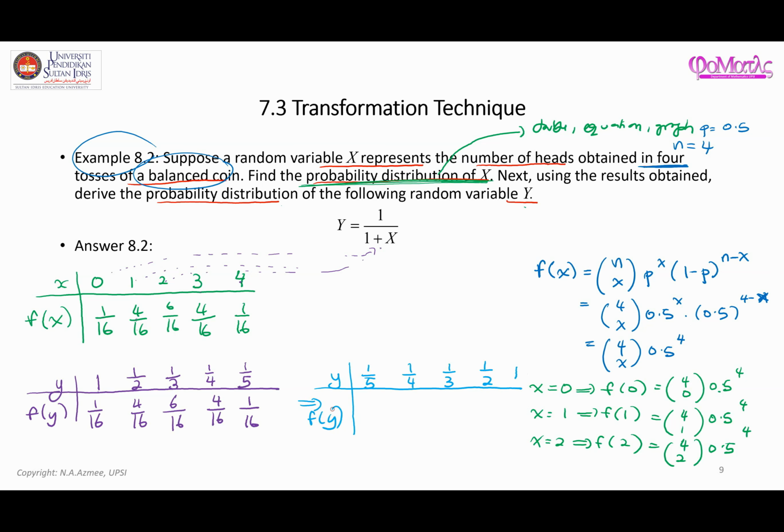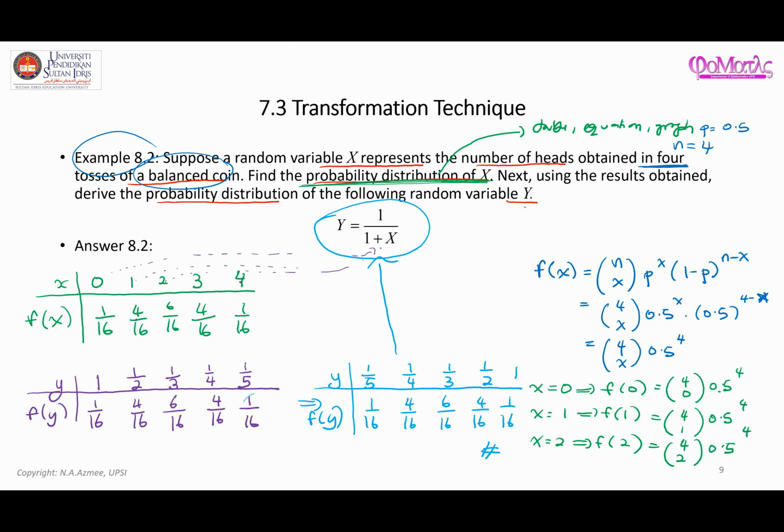And I'm just going to write down the probabilities associated with all these values. So for 1 over 5, it's 1 over 16. So just write down. 1 over 4 is 4 over 16. And so on and so forth. Okay. So this is the final result. This is the probability distribution for this random variable y. And we are done. Okay.